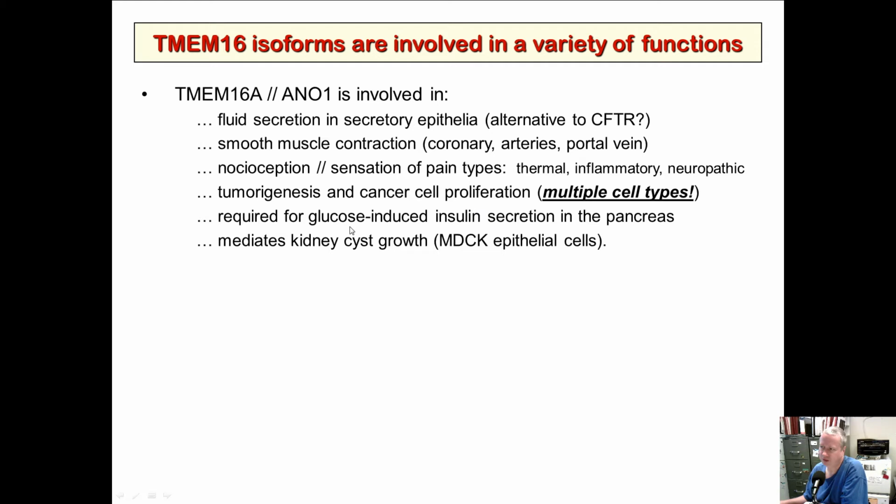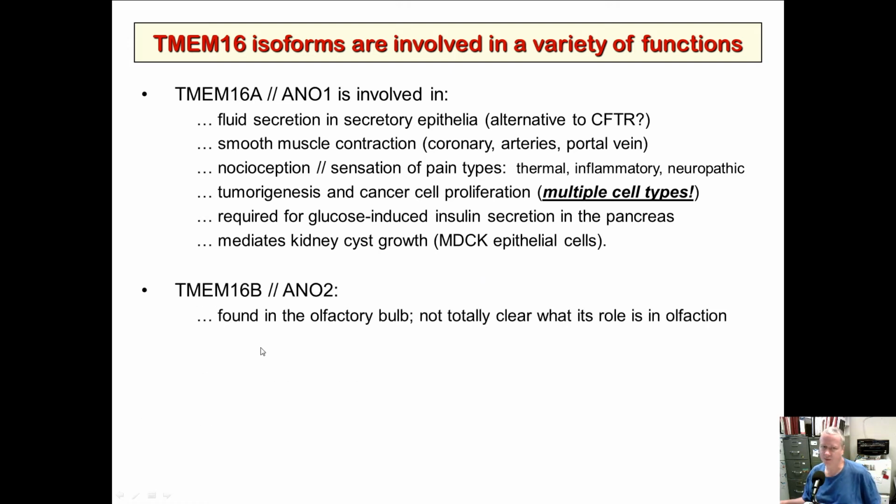It's involved in glucose-induced insulin secretion. It's actually a drug target for diabetes. It's also involved in kidney cyst growth. So there's a lot of different functions for this protein, and labs are interested in inhibiting it to explore its use as a drug target.